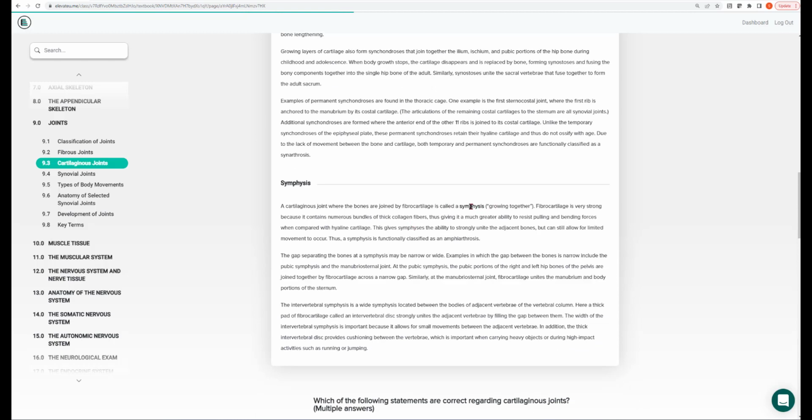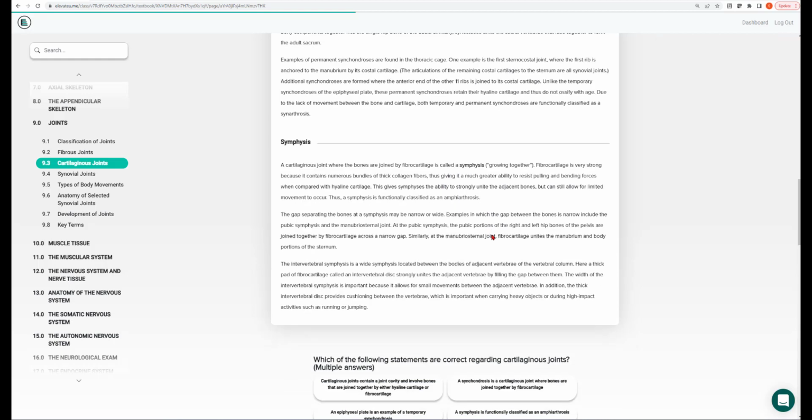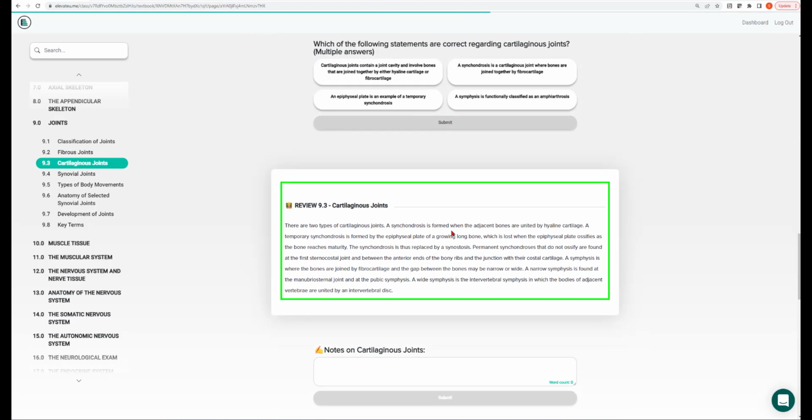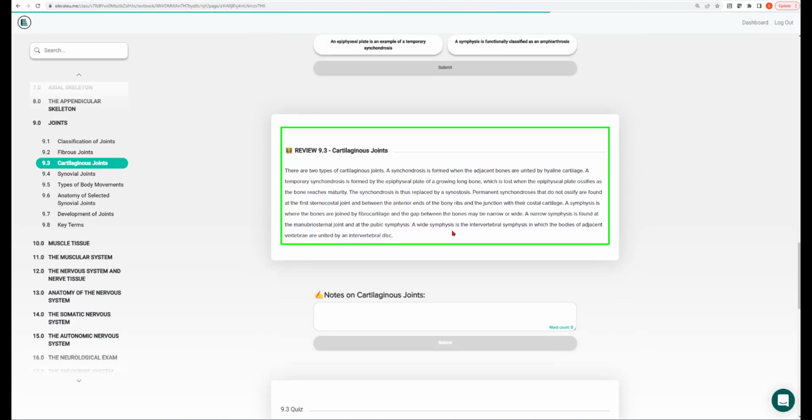And so here again is the description of the symphysis, the pubic symphysis. So read through about cartilaginous joints. These are typically amphiarthroses, right? Amphiarthroses. They have a little bit of movement, just a little bit of movement.